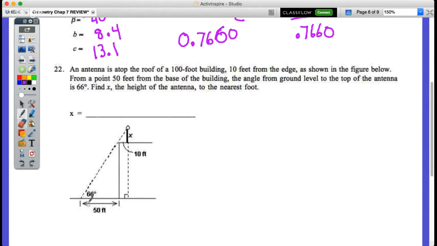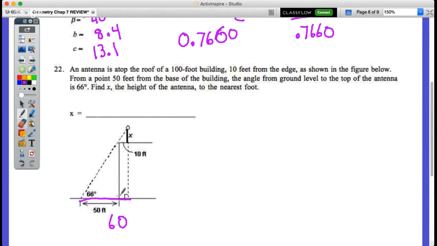So if this is 50, this big triangle base is 60, correct? If I find this entire thing here, that's going to be the building plus the antenna, and then I can subtract the building. How is it 60?